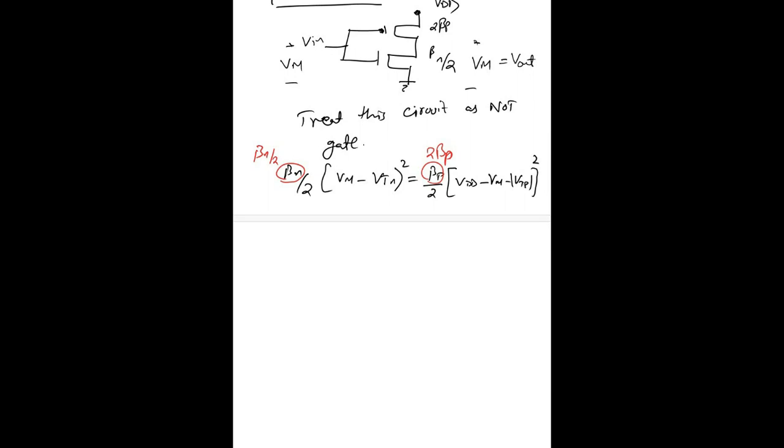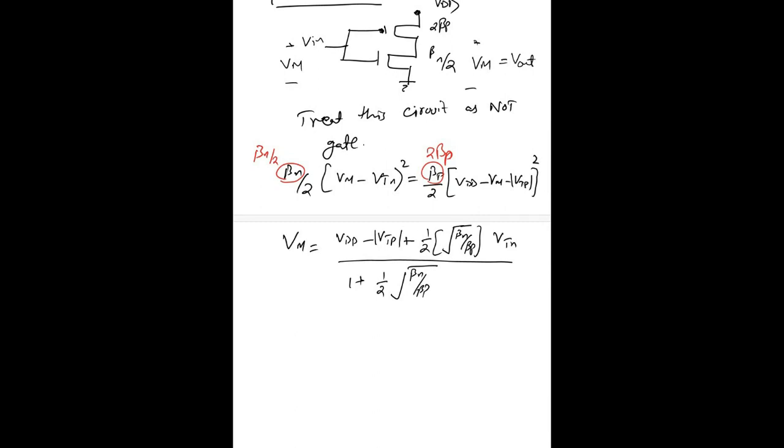So if we solve this expression for Vm, the midpoint voltage, that midpoint voltage will be equal to VDD minus VTP plus 1 over 2 root of beta n over beta p times Vtn, divided by 1 plus 1 over 2 root of beta n over beta p. So this is a new expression for our midpoint voltage.